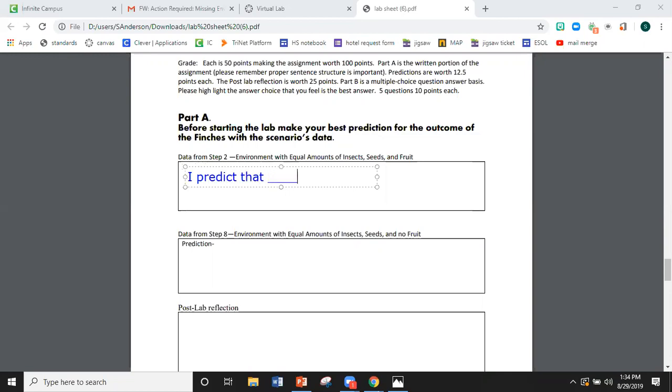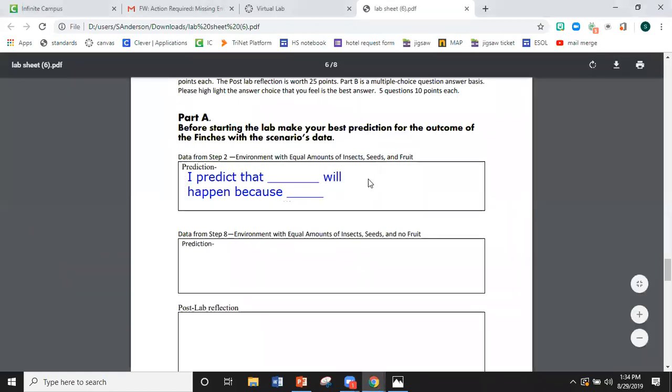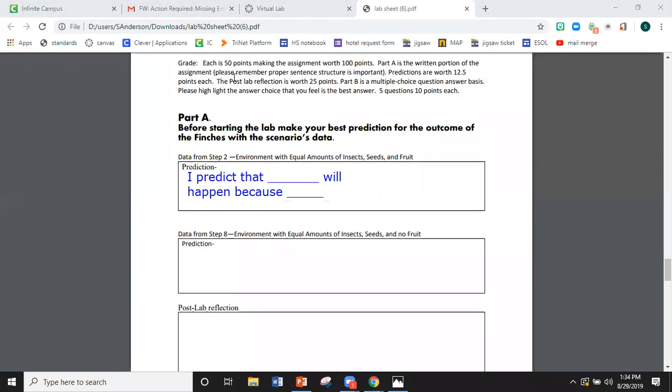I predict that blank, blank, blank will happen because blank, blank, blank, blank. Okay. What do you think is going to happen? Do you think that flock X will eat more of the fruit?